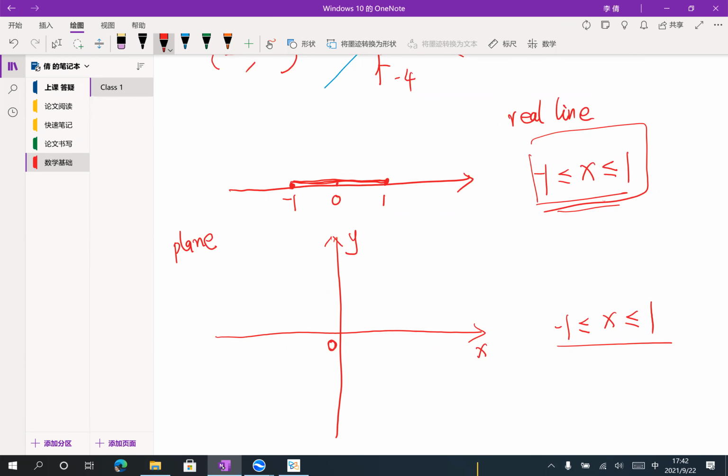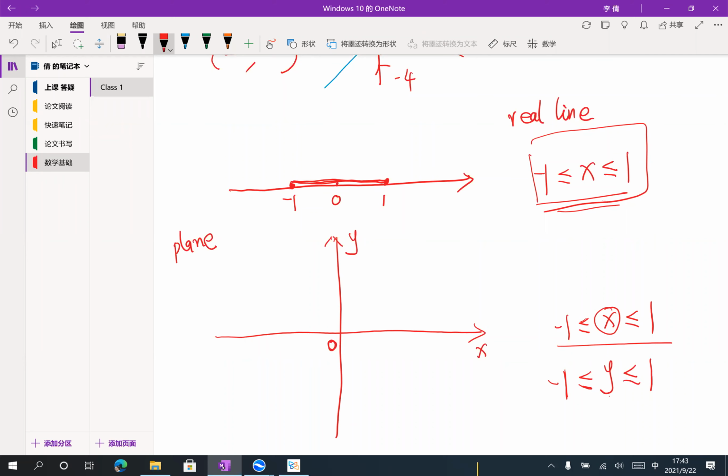Let's say x is larger than or equal to -1 and smaller than or equal to 1, and the y axis is larger than or equal to -1 and smaller than or equal to 2.